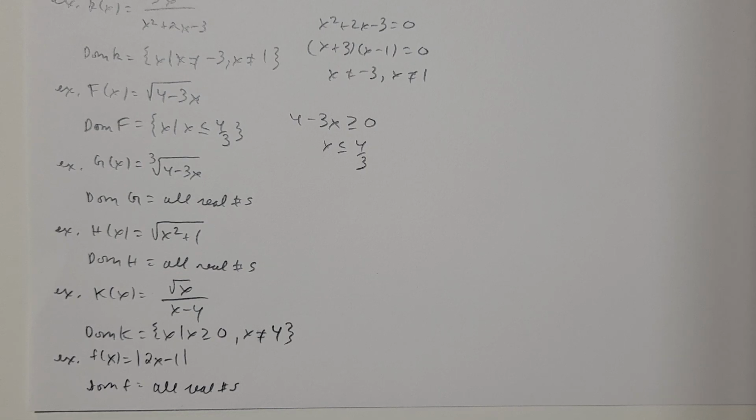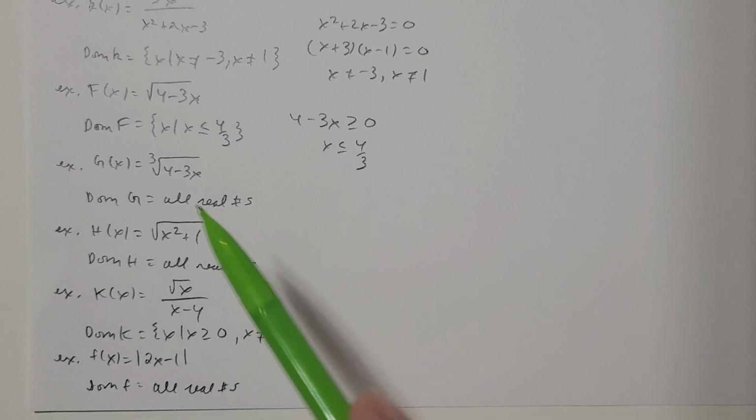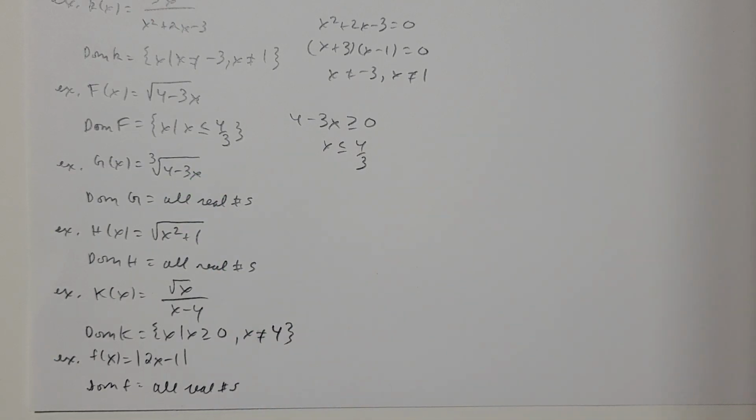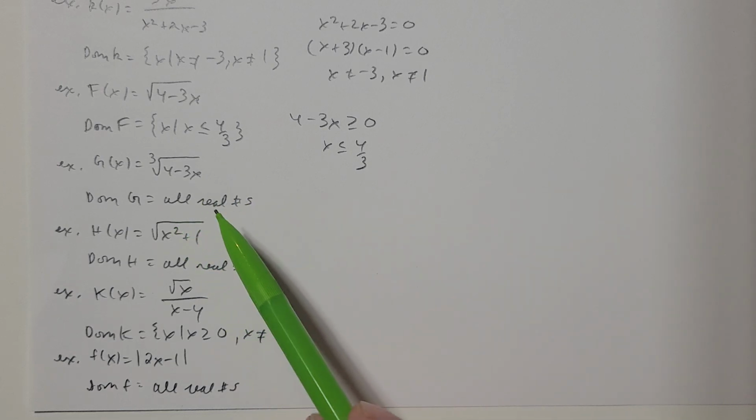The cubed root of negative 8 is negative 2, because negative 2 times negative 2 times negative 2 gives me negative 8. The cubed root of negative 27 is negative 3, because negative 3 cubed is negative 27. So it's okay to get a negative underneath a cubed root. The domain, therefore, would be all real numbers.